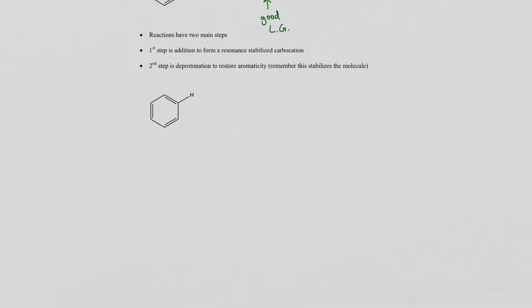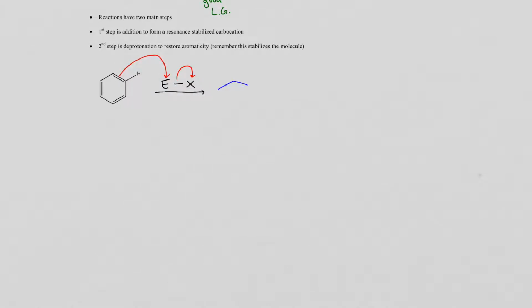The reaction has two main steps, so we're going to draw in actually a generic mechanism. Our double bond is going to attack our electrophile, and this is going to create a resonance stabilized carbocation, which you will see in a moment. So H, E is now part of the show.